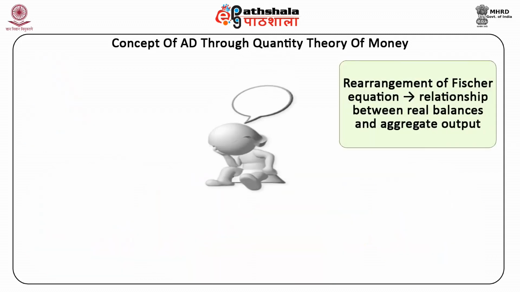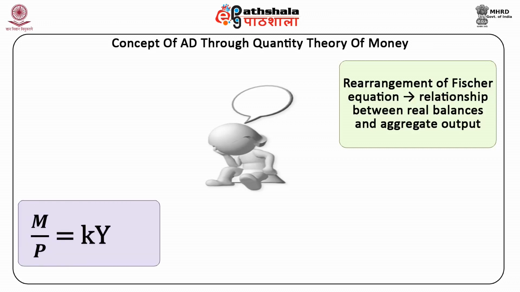A simple rearrangement of Fisher equation gives us a relationship between real balances in the economy, that is M/P, and the aggregate output, that is Y. M/P = KY, where K = 1/V, which is assumed to be a constant.